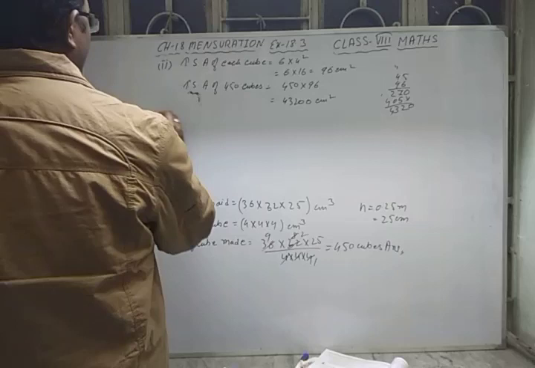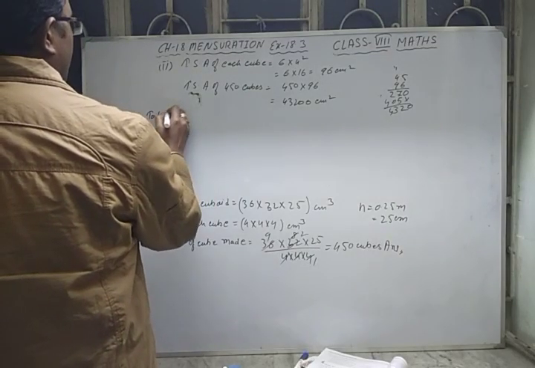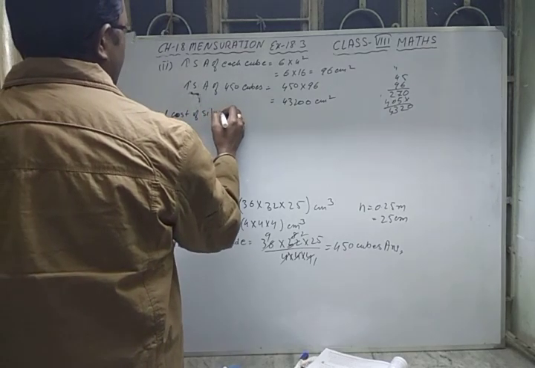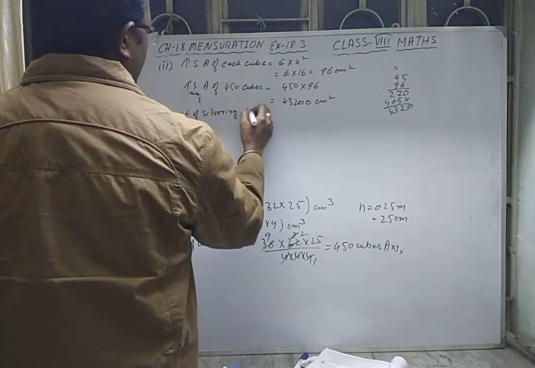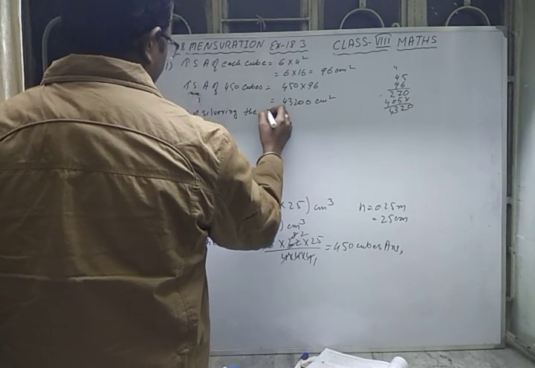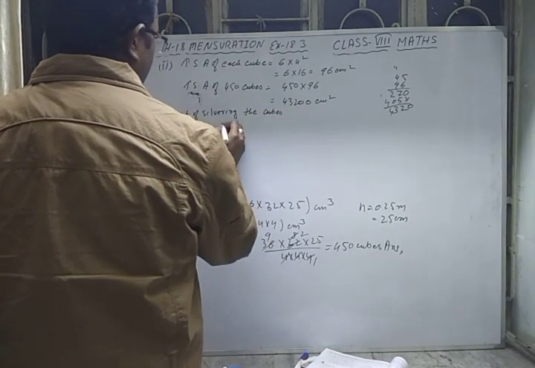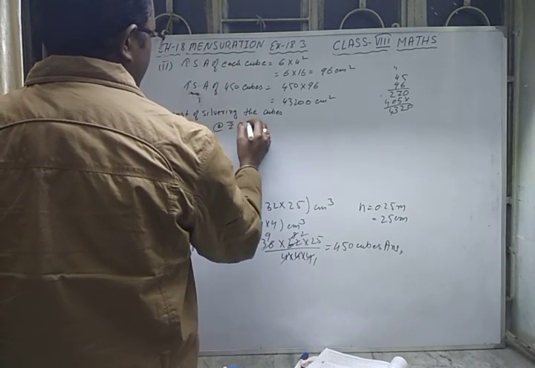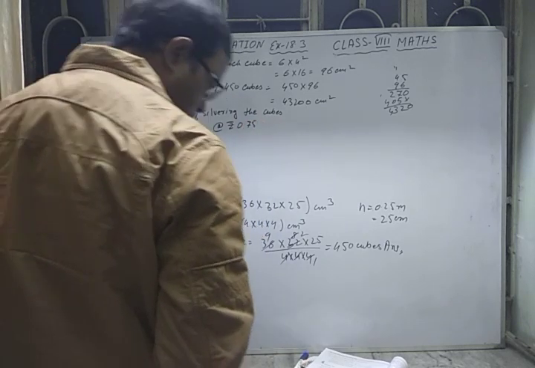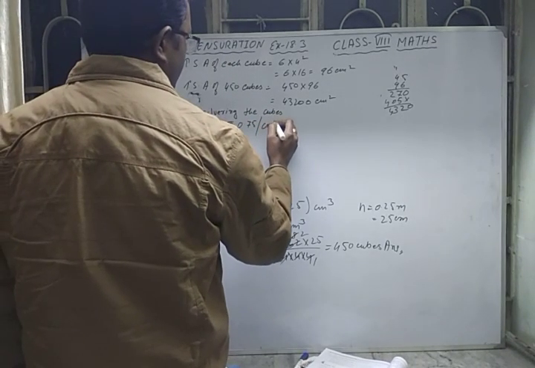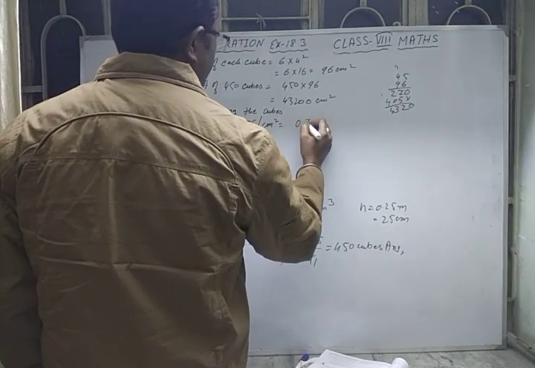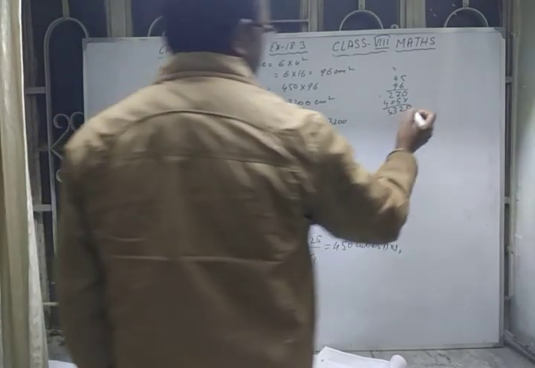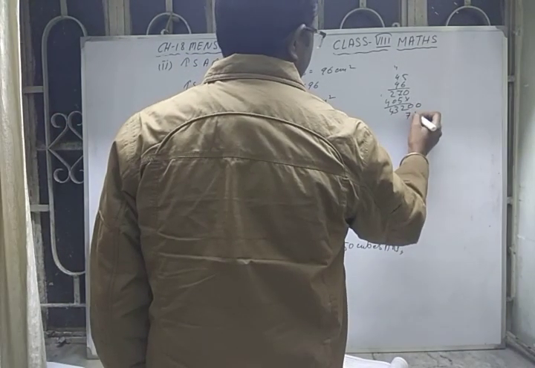So the total cost of silvering the cubes at the rate of rupees 0.75 per centimeter square is equal to 0.75 into 43200. So you write 432 and multiply it by 75 first.